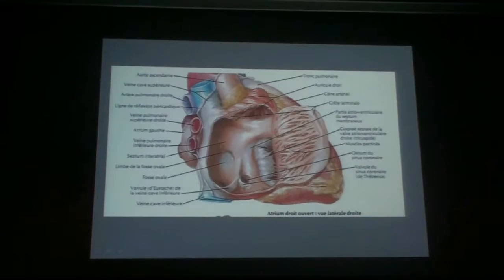If now you open the right auricle, you will find the superior vena cava and inferior vena cava, which are separated by an area that is called the isthmus, which separates the vena cava from the tricuspid valve, where you can find the coronary sinus. This separation is called the Eustachian valvula.